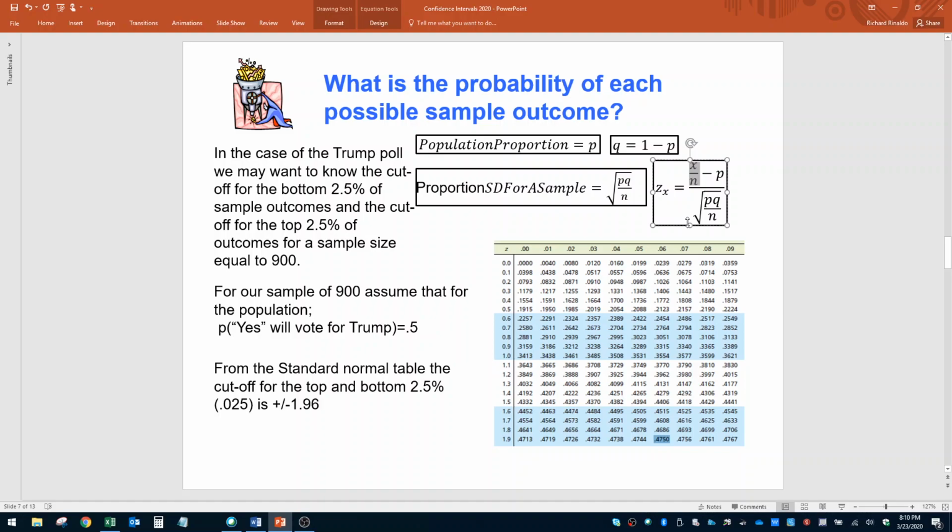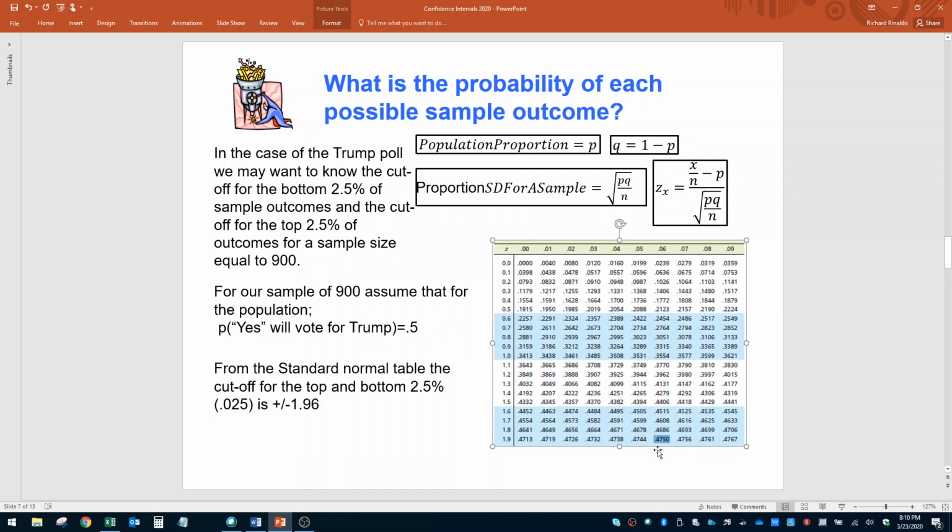Say 400 out of 900 or something. I want this proportion right here. That's going to be my unknown, but I'm going to need the z-score, which is the cutoff for the bottom 2.5% and the top 2.5% from the standard normal curve.